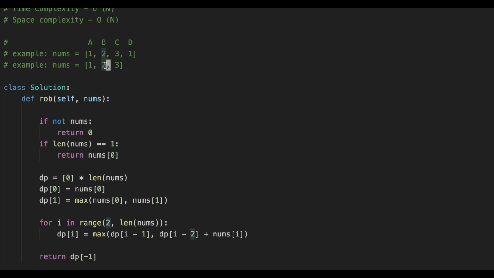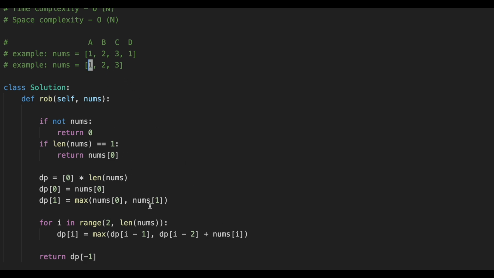What it means is that we are either going to take whatever the maximum value was prior to our current index, which means i minus 1, or we are going to take whatever the max value we had until index 0, plus whatever the value we have right now.